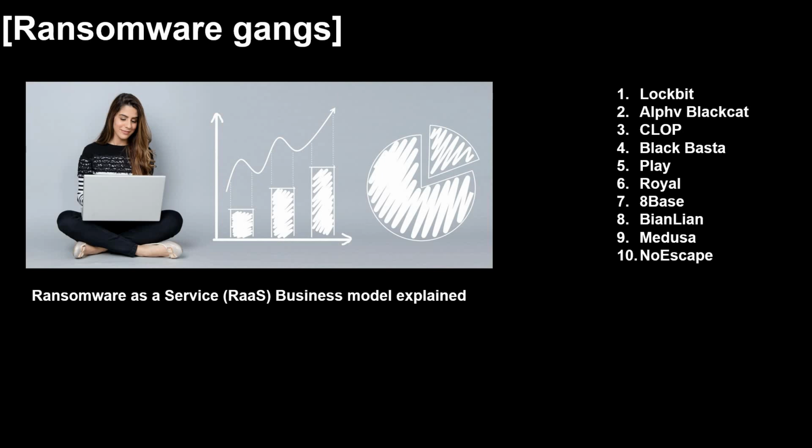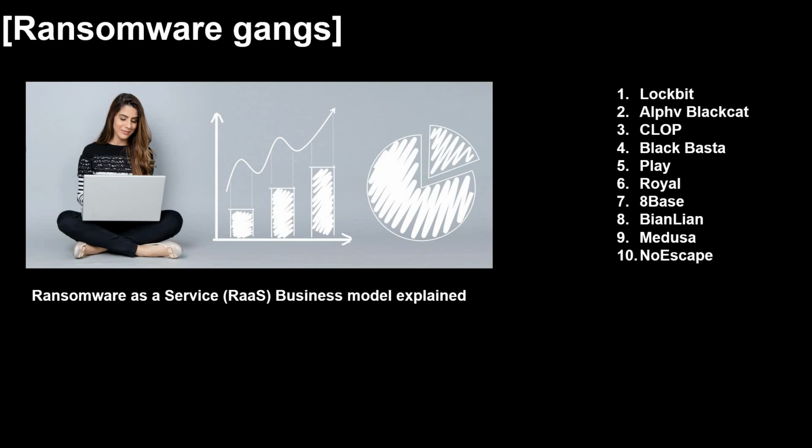So I already explained a little bit about ransomware gangs, and I already gave an example of Lockbit 3.0, as they call themselves. And here I have a top 10 of ransomware gangs. Number one would be Lockbit. Number two is ALPHV Blackcat. I hope I'm saying that right.